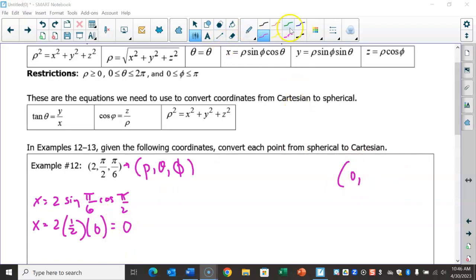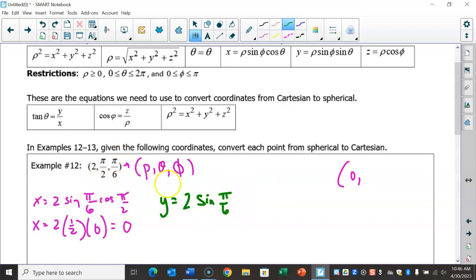We're going to go ahead and do the same thing here, guys. We're going to do y is equal to. Actually, let me change my color a little bit so we can see the difference. Okay, so y is going to be equal to, again, our rho, which is 2. Then we're going to take the sine of phi, which is pi over 6.